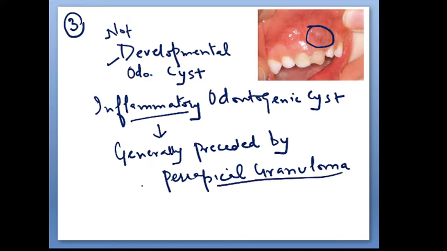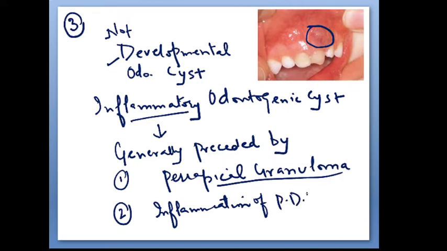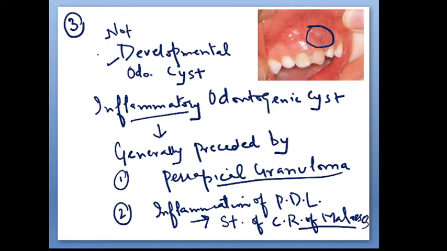The other reason is there is inflammation of periodontal ligament cells, which in turn leads to stimulation of cell rests of Malassez and formation of periapical granuloma. So both the terms, inflammatory type and odontogenic cyst, apply, but basically it is an odontogenic cyst.